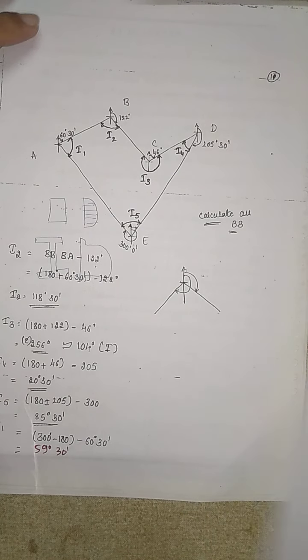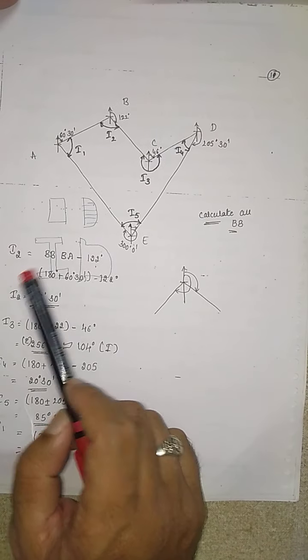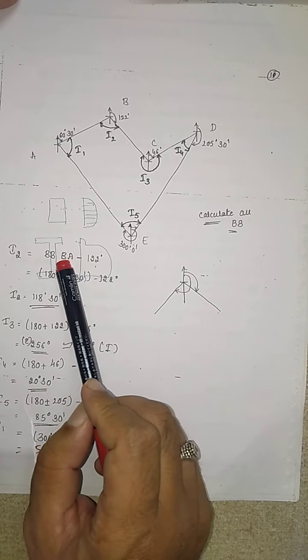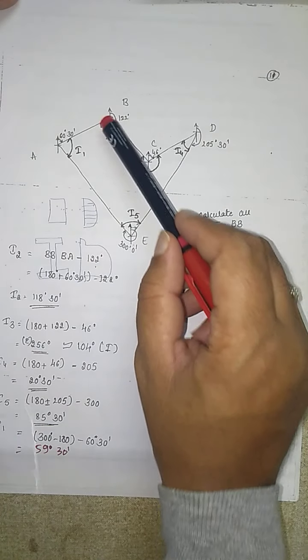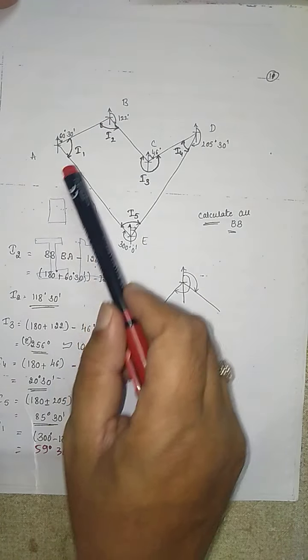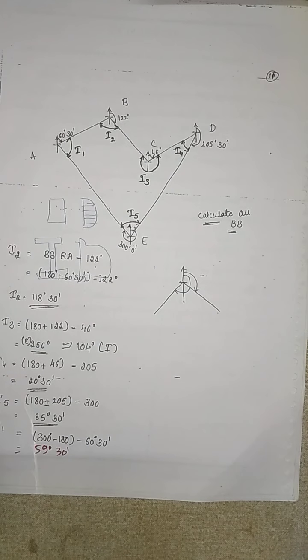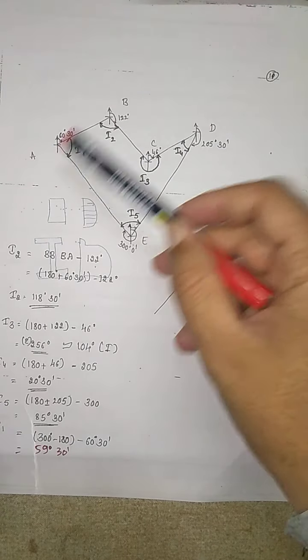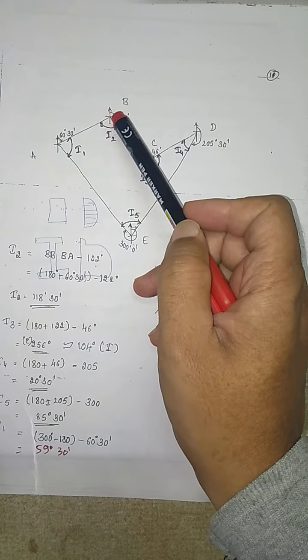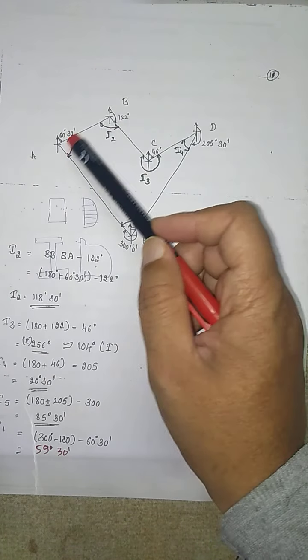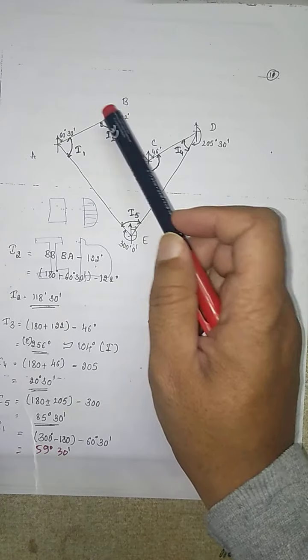Now for the included angles, first we will calculate the included angle I2. We will go like this: I2, I3, I4, I5, and then at the end we will calculate I1. So if you want to calculate I2, you will be using the formula back bearing minus fore bearing.